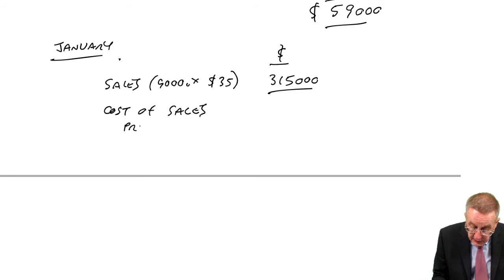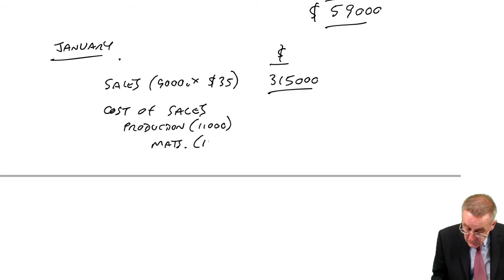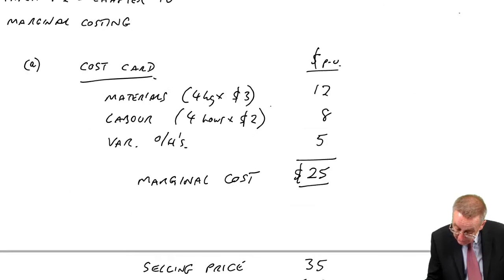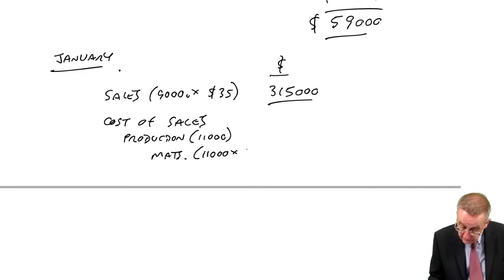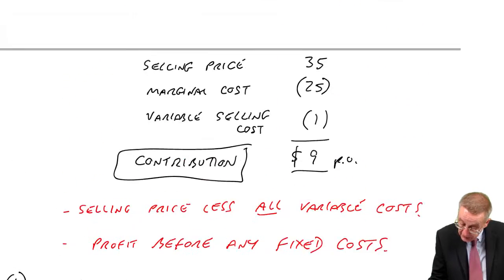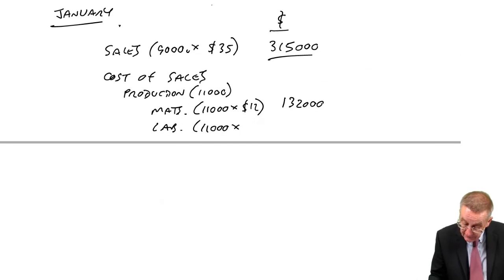So the production is 11,000 units. And the costs, well, materials, 11,000, and what was it per unit? $12. We've got labour, 11,000 at, from the cost card again, $8.